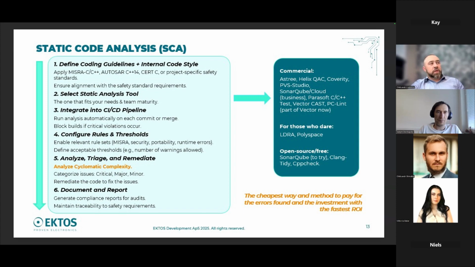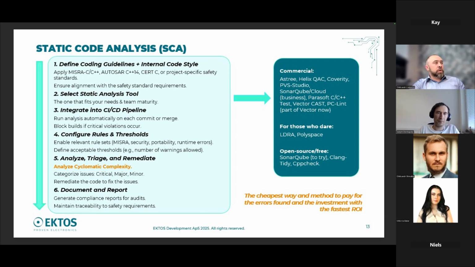You select the static analysis tool that reflects your requirements for coding guidelines, reflects the requirements that you get from the standards you have to comply with, and also fulfills your maturity level. You should not necessarily start with extremely expensive stuff to do static code analysis. You can start with simpler tools. Then when the team gets into maturity mode, you can switch to more sophisticated tools.